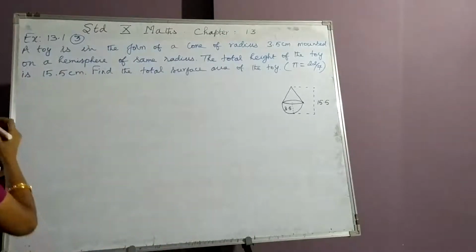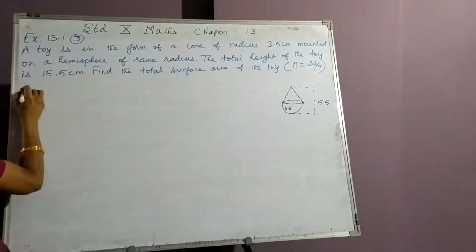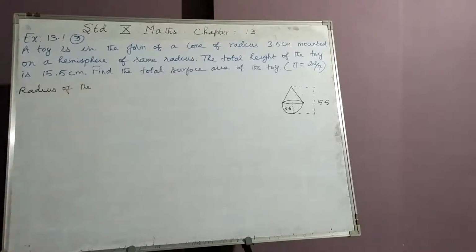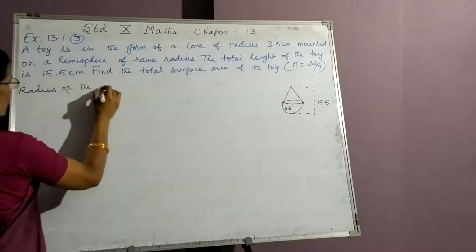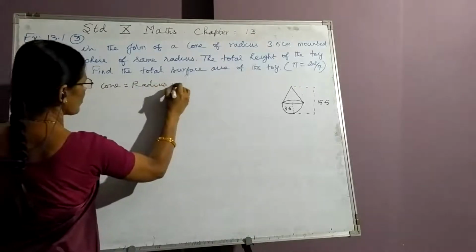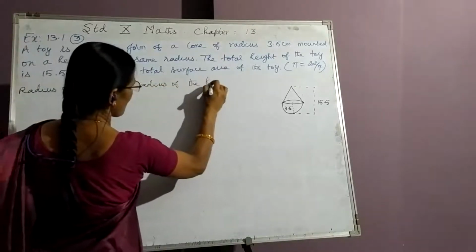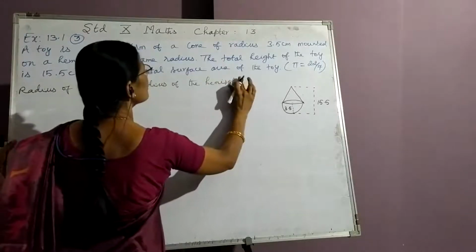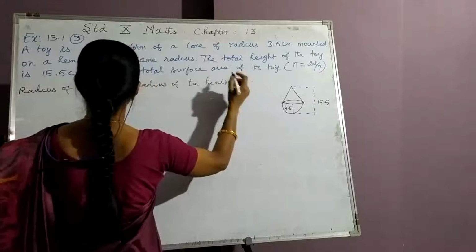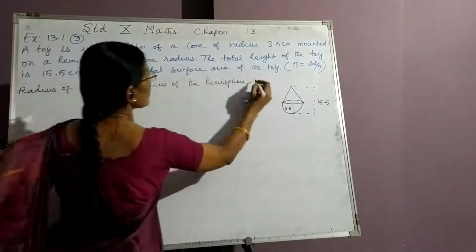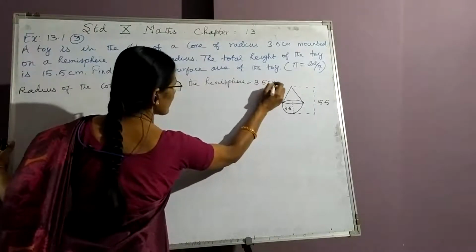Okay. So first let us write here. The radius of the cone, which is equal to radius of the hemisphere, is equal to 3.5 centimeter.